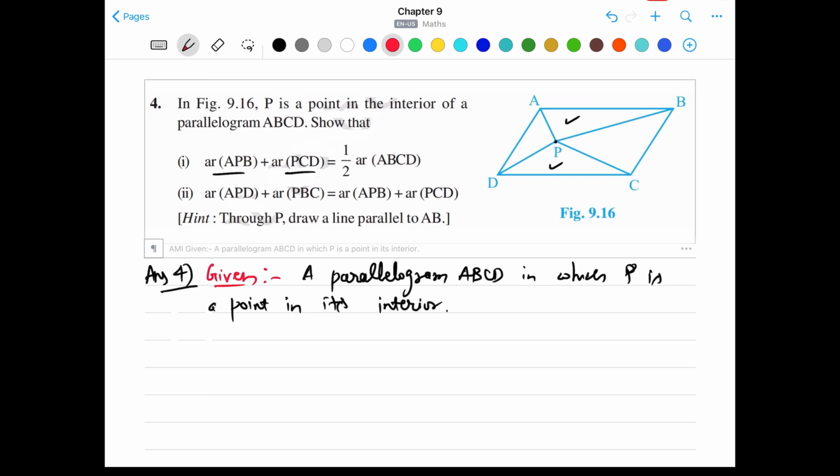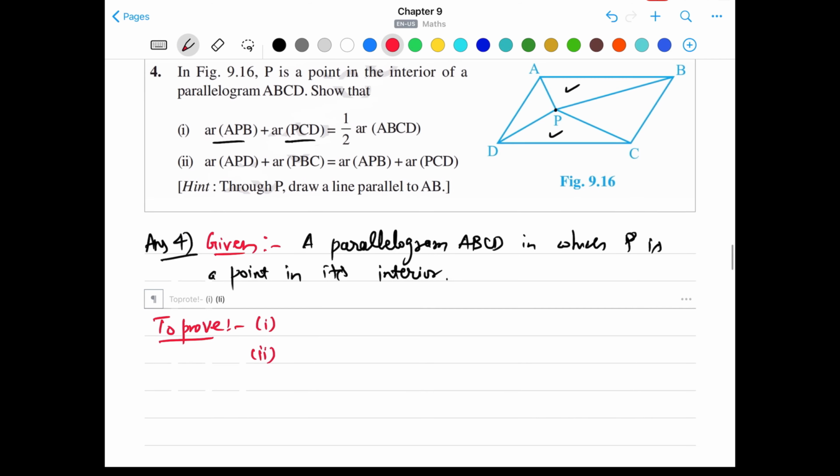Okay, to prove here, we have to prove two things. First one is that the area of triangle APB plus the area of triangle PCD is equal to half the area of parallelogram ABCD.